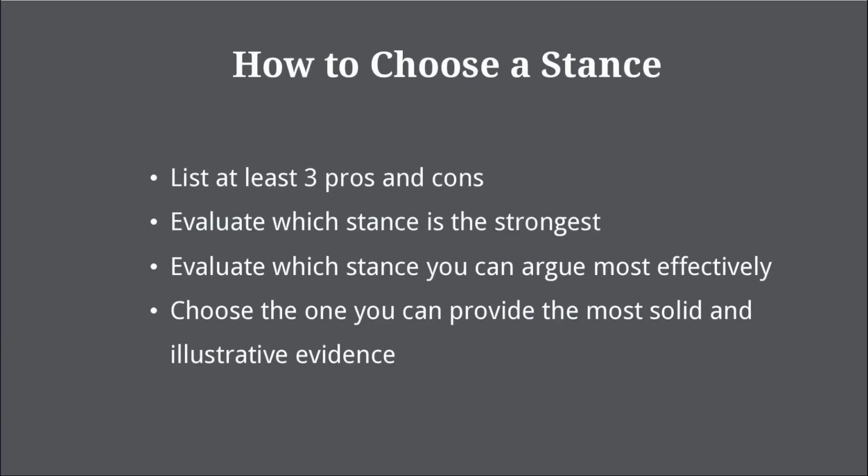And if you wonder how to choose a stance, this slide can help you do that. Here you have 4 steps that you can follow in order to choose a stance for your academic paper. First, you list at least 3 pros and 3 cons. You evaluate which stance is the strongest one for your purpose when writing.